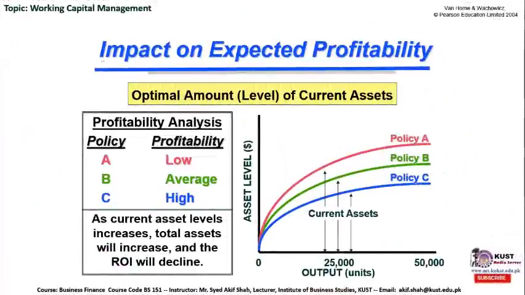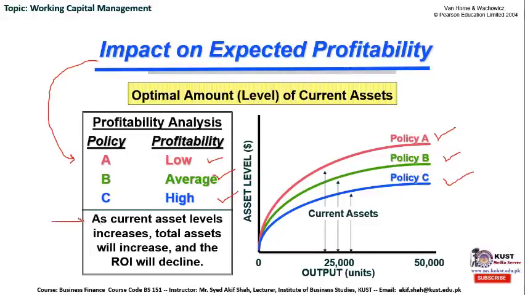So let's conclude our finding. There is the same diagram and graphical representation with the profitability analysis: if the company adopts policy A, it will have low profitability. If the company adopts policy B, it will have average profitability, and when the company follows policy C, it will have a high level of expected profitability.